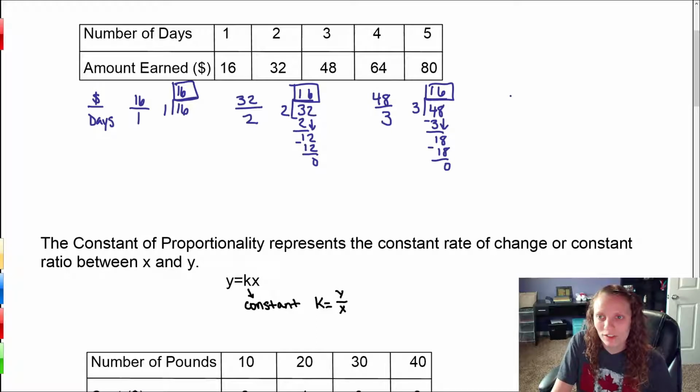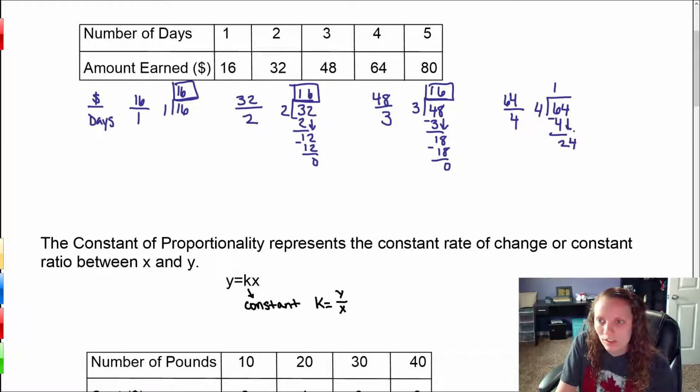64 over 4. First number in, last number out. 4 goes into 6 once, with 2 left over. Bring down the 4. 4 goes into 24 6 times. Okay, and the last one, 80 over 5.